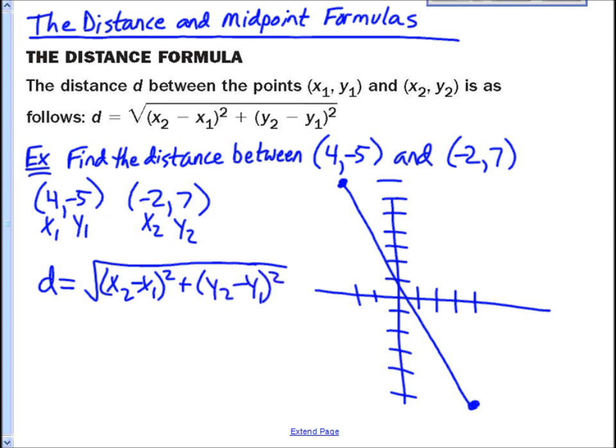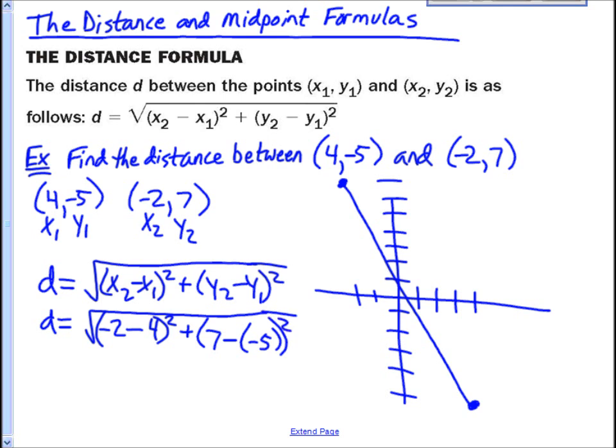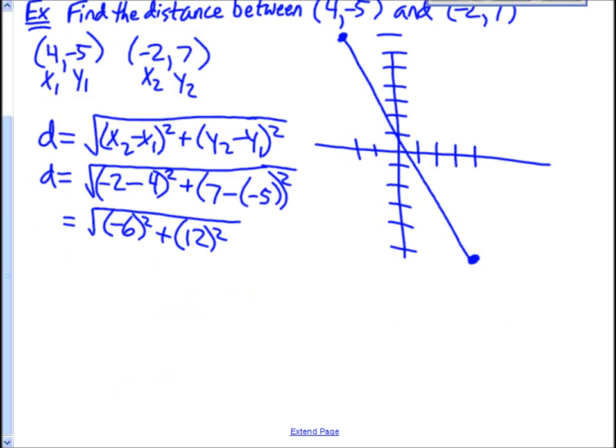Okay. So here we go. What is the length of that line segment there? -2 minus our x1, which is 4. We got y2, 7 minus that y1, which is -5. So we got -6 squared, we got 12 squared. Extend this a little bit.